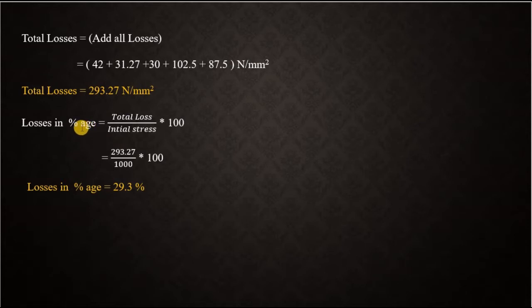I require the value in percentage also, so I will take it up like this. I have got the total losses and substituted them, with initial stress 1000 into 100. The total loss is 29.3%. This is how we can calculate the total losses. I hope you understood. Thank you.